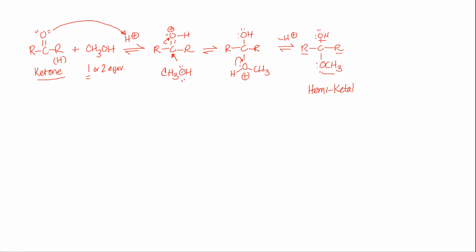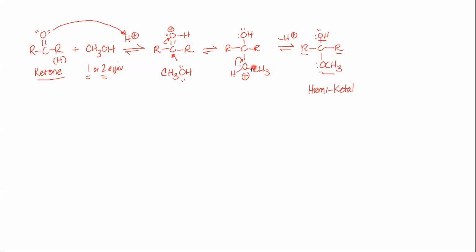So to continue on and add the second equivalent of CH3OH, I need to either protonate this OH group or protonate the OCH3 group. Now, if I protonate the OCH3 group, I'm going backwards to this product.